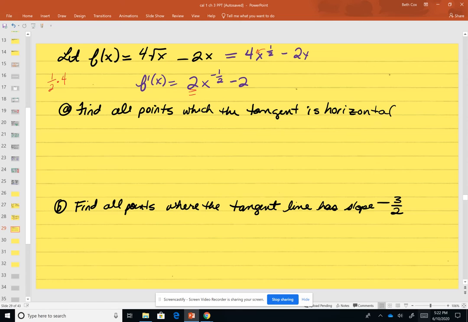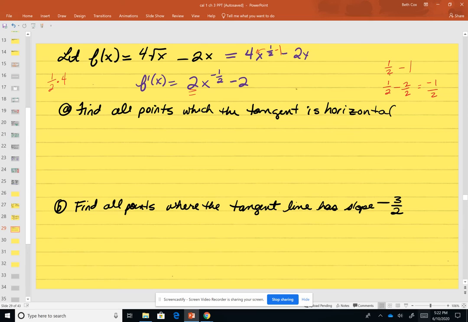That's where that comes from. And then we subtract 1 off of 1/2. So then we're going to do 1/2 minus 1. And again, you can start learning how to do this in your head. 1/2 minus 2/2, which would be a negative 1/2. So that's where that comes from. So that's how I got the derivative.